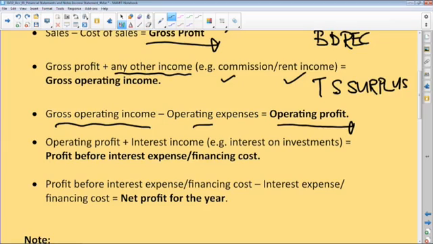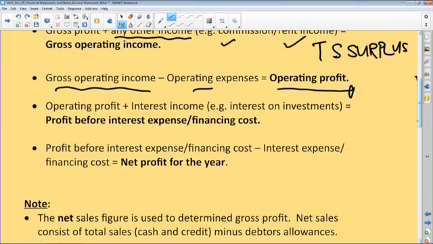Having brought in your interest expense, this will give you your net profit for the year. Remember then, we bring in our taxation. And after our taxation, that will then give you your net profit.